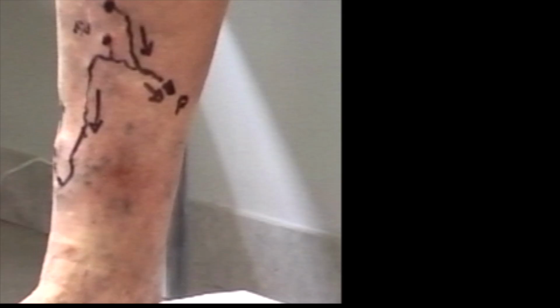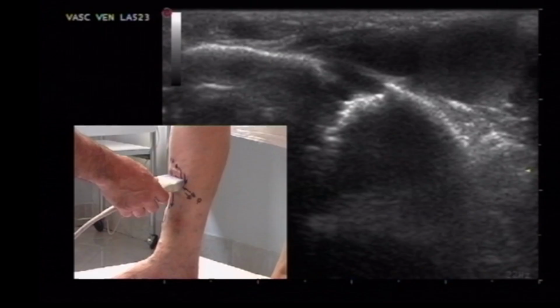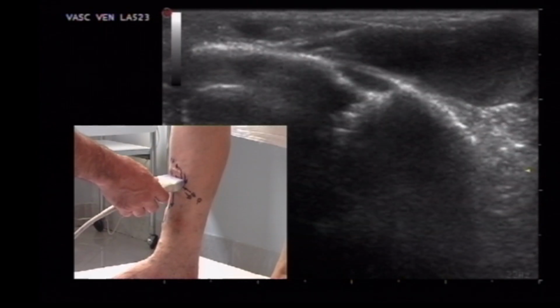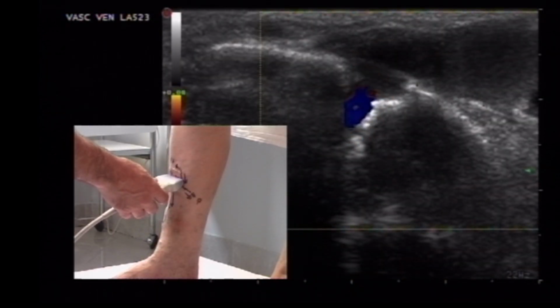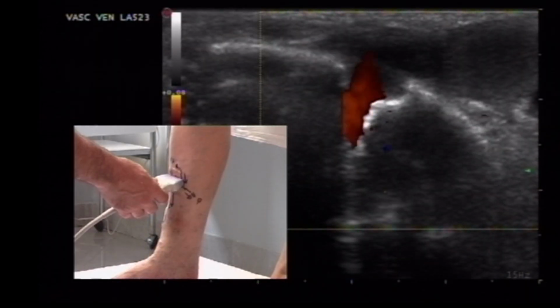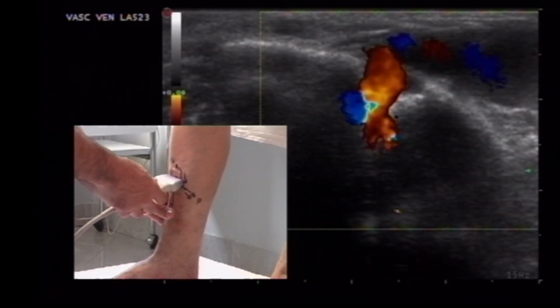Bone perforator vein in the leg. It looks like a malformation. Squeezing diastolic reflux.